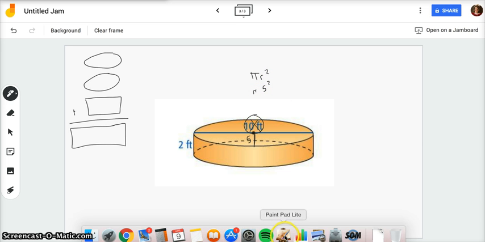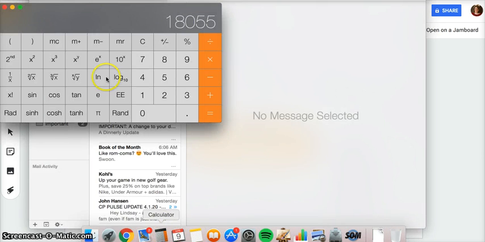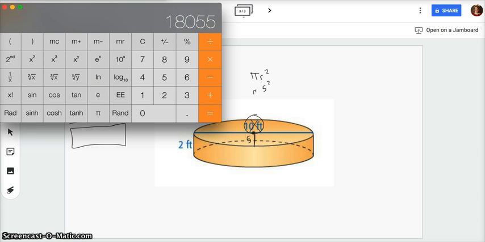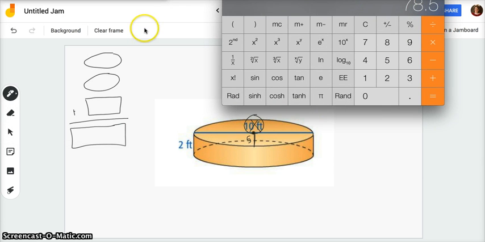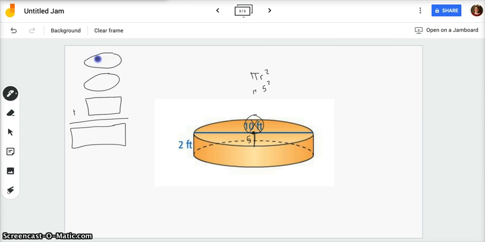Pull up my calculator. 25 times 3.14, 78.5. So now I know I can write that measurement in both of my circles because the top and the bottom will be the same. 78.5 and 78.5. I'm almost done.